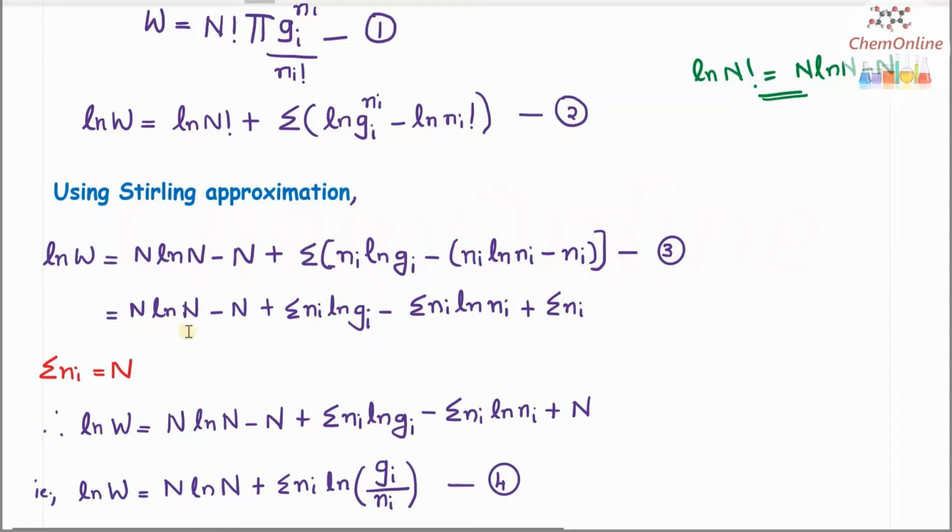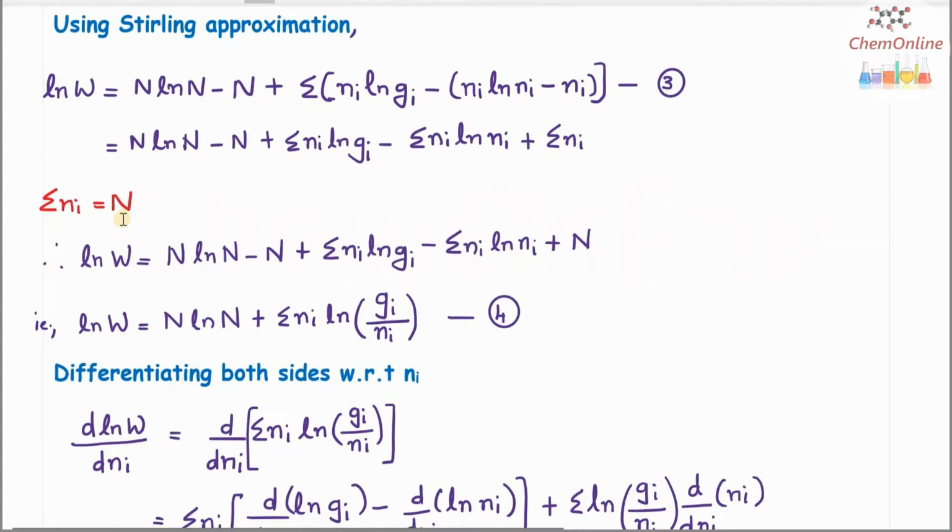Now just rearranging: n log n minus n plus summation ni log Gi minus summation ni log ni plus summation ni. Now summation ni means it is the total number of particles, which is capital N. So in this equation, instead of summation ni, you can write capital N. Therefore log W equals n log n minus n plus summation ni log Gi minus summation ni log ni plus capital N. So here you have minus n and here you have plus n.